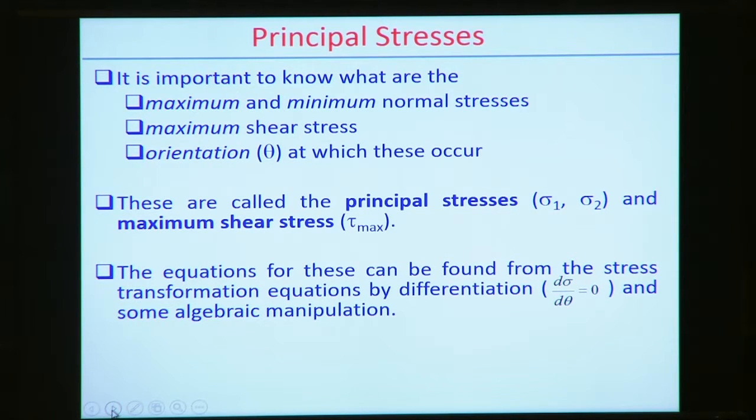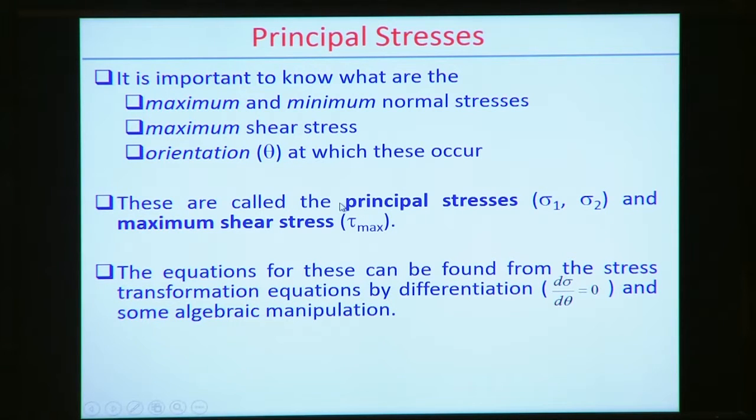So this problem explains that transformation of the axes is helpful to solve different kinds of problems. Now, since we observed that there is a variation of the different stresses with respect to the orientation angle theta, it is important to know what the maximum or minimum normal stresses are, what the maximum shear stresses are, and the orientation at which these maximum or minimum stresses or the maximum shear stress occur.